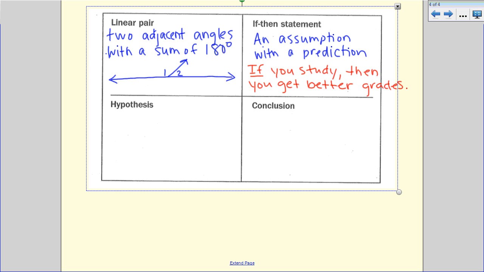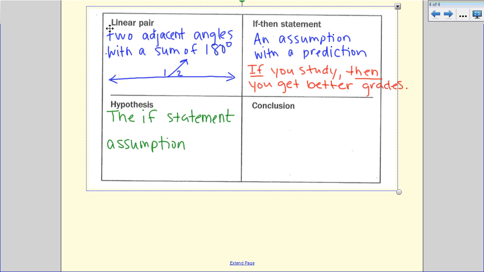Alright, it has an if and a then. So hypothesis is the if statement. Alright, and that's your assumption. What you're going to assume. So I assumed you're going to study for the test.